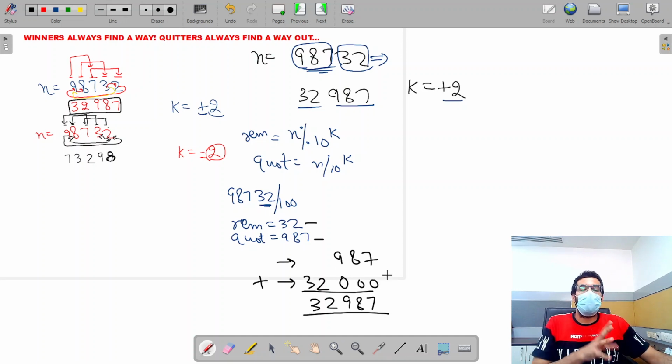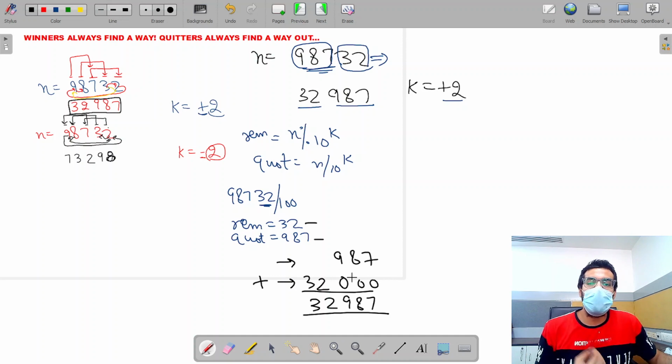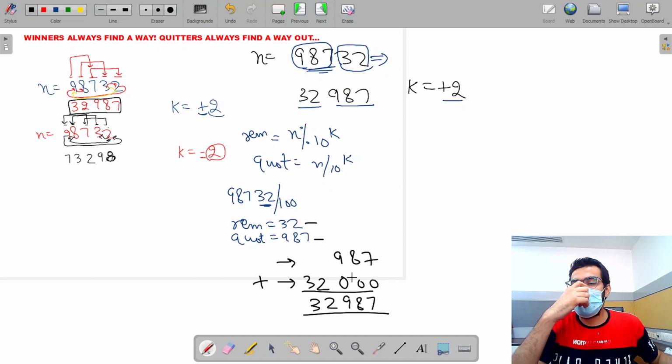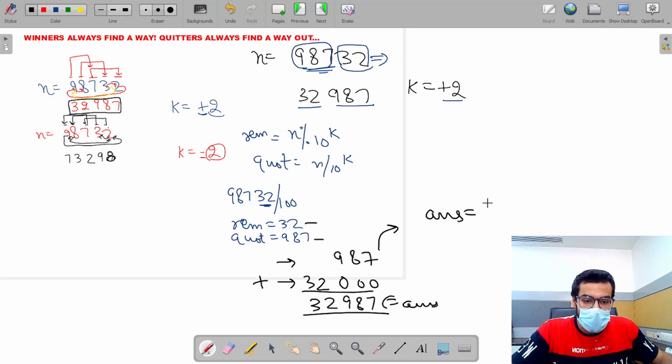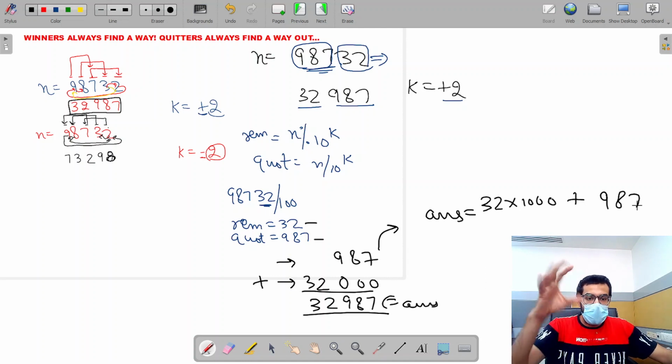This is quite obvious, and actually it was self-explanatory even though I've explained it. Still, can I say that 32 needs to be multiplied by, if this is the final answer, can I say easily that this answer is nothing but 32 multiplied by 1000 plus 987.